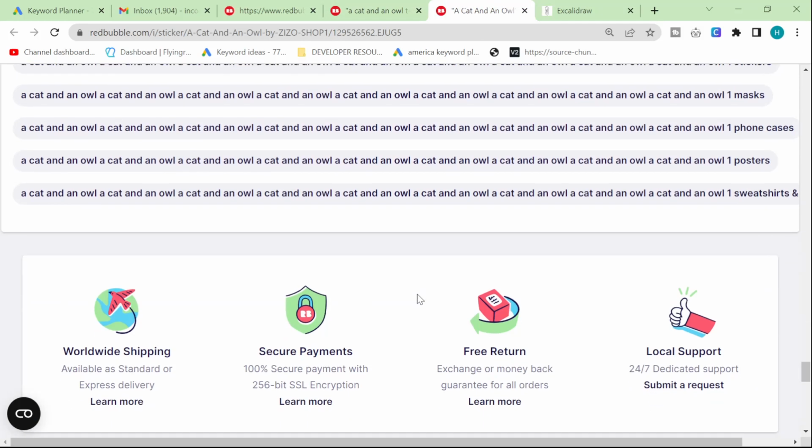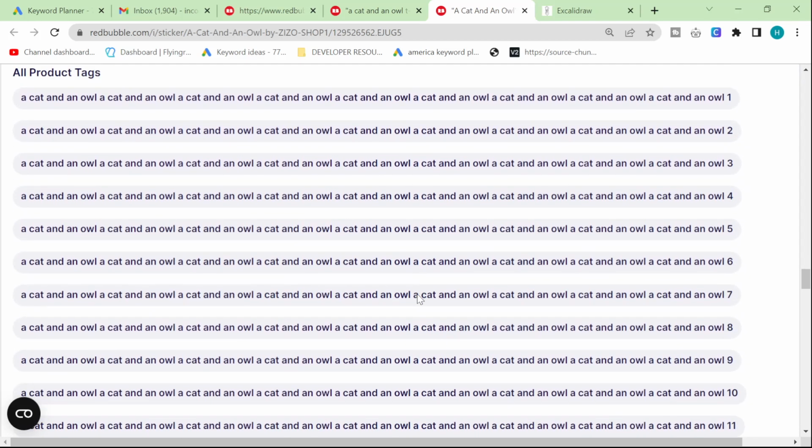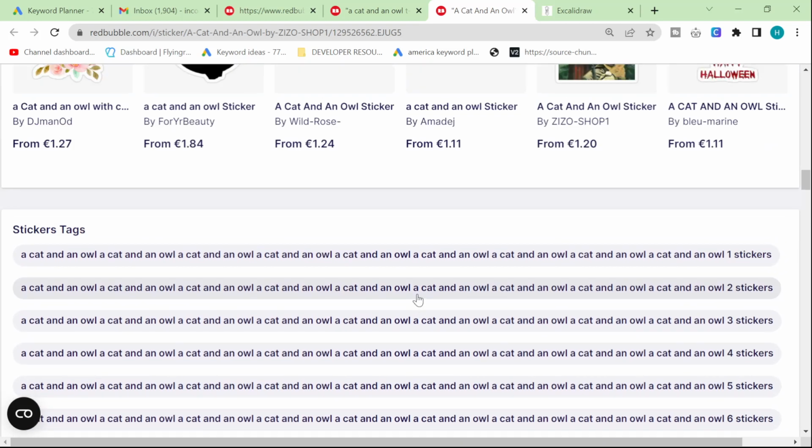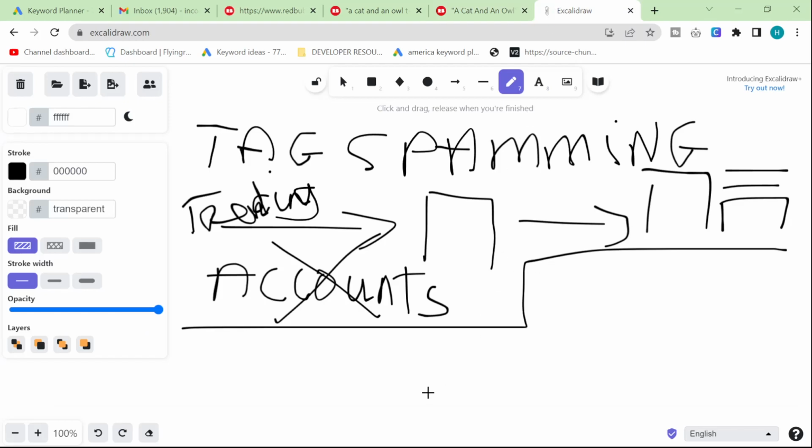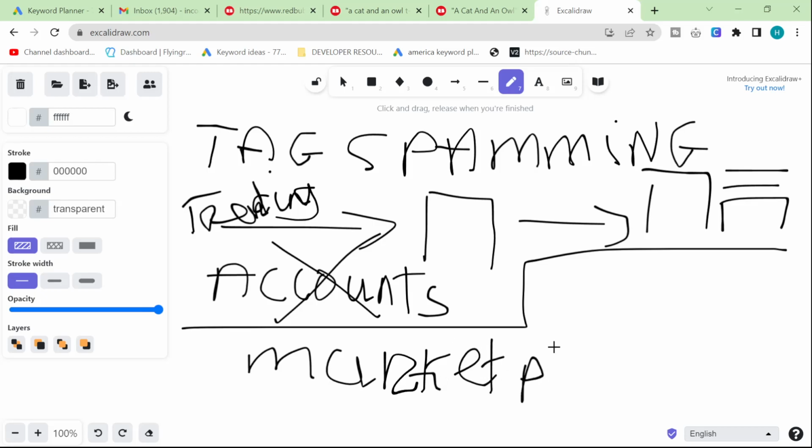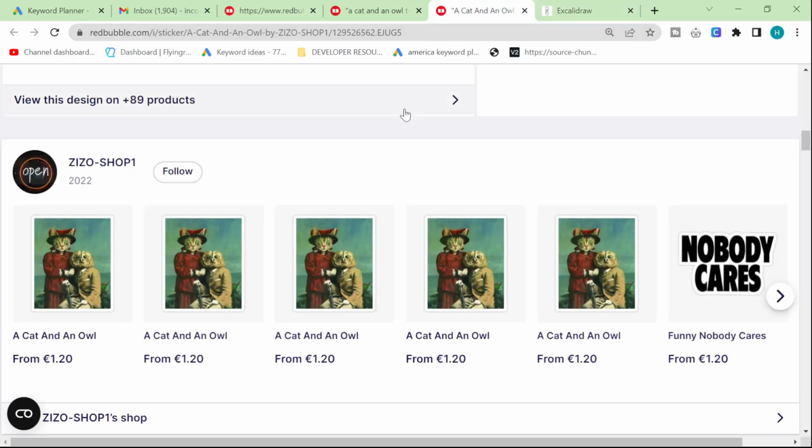So, what can we do against this? What are the actual options? Well, the first option is to sell on another marketplace website, okay? And the good thing about this is that there are loads of different marketplace websites. People think it's either Redbubble, Etsy, or Merch by Amazon, but it's actually not. There are loads.